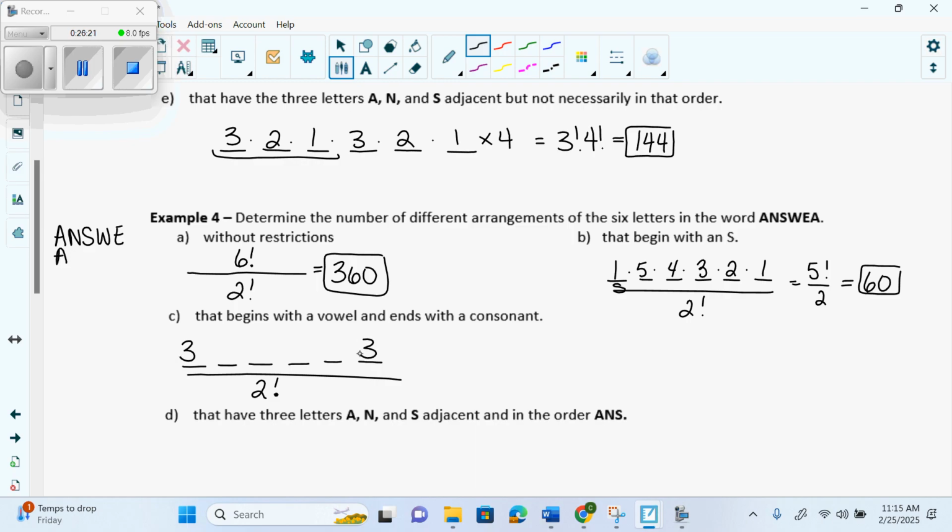How many letters have we used up? 2. How many letters do we have left? 4. So we're going to put a 4 here. 3, 2, 1. I don't know what the answer is. 12.